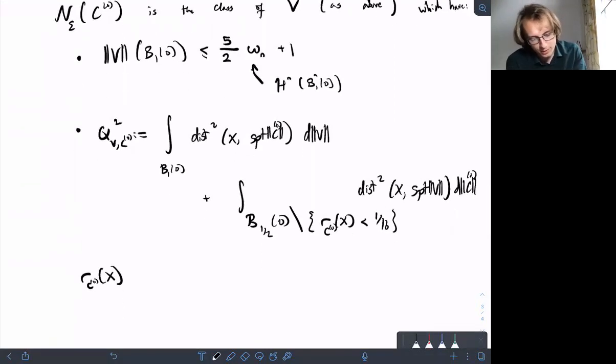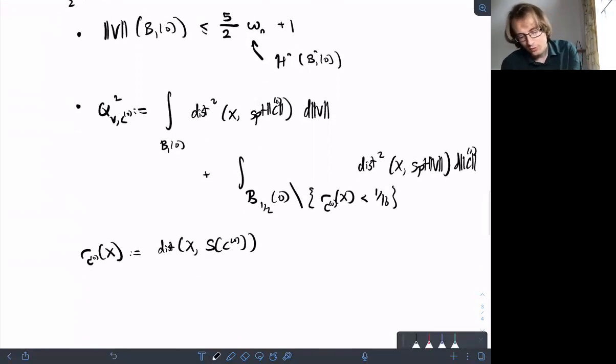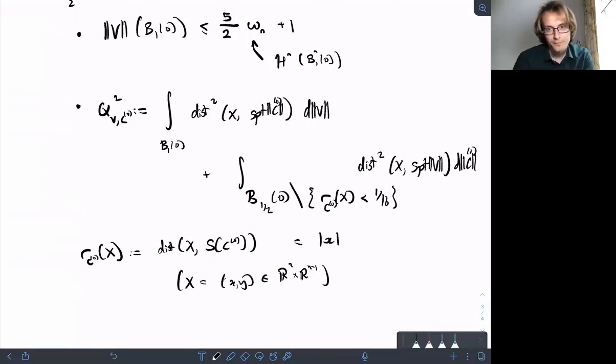So this radius is just the distance from the point X to the spine of C. And the spine is the linear subspace contained in C. So if X is given by (x, y) in R2 cross R^(n-1), this will just be the modulus of little x.